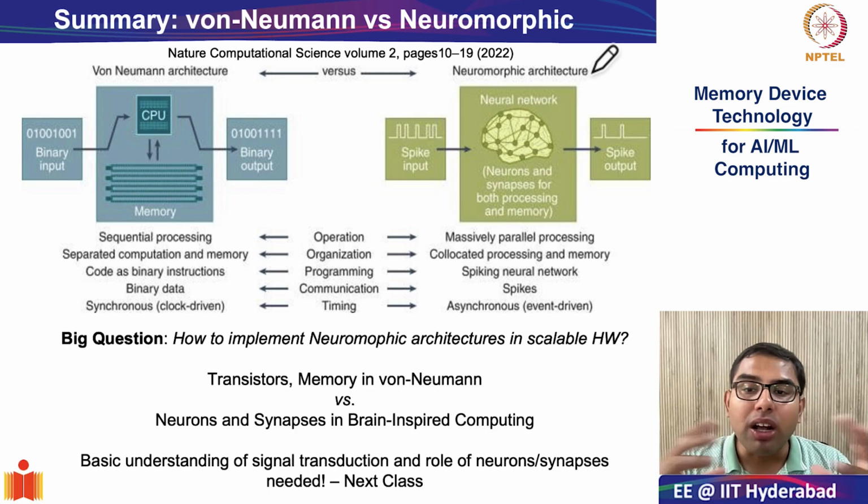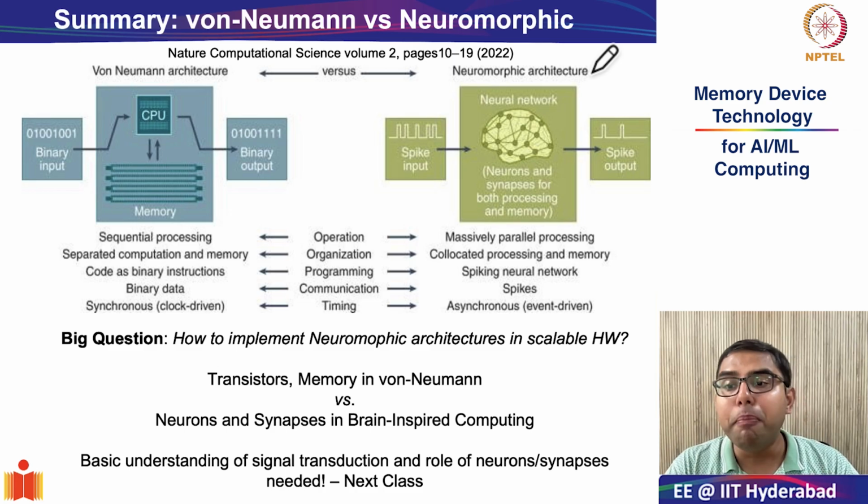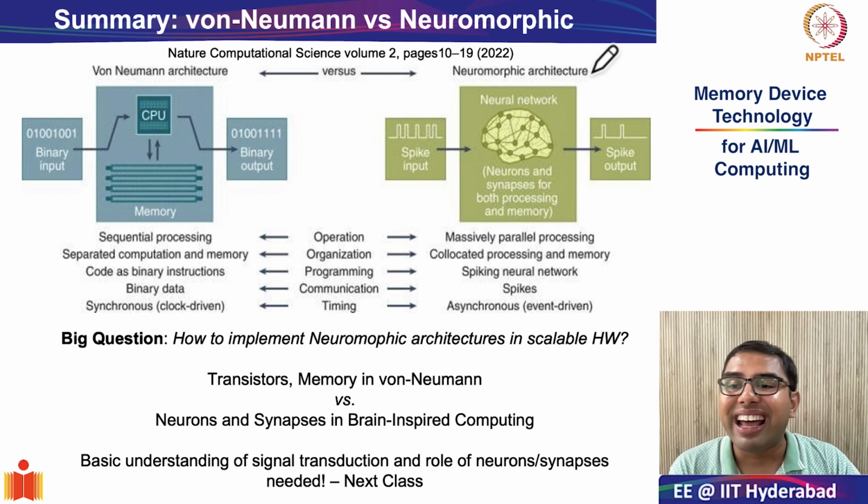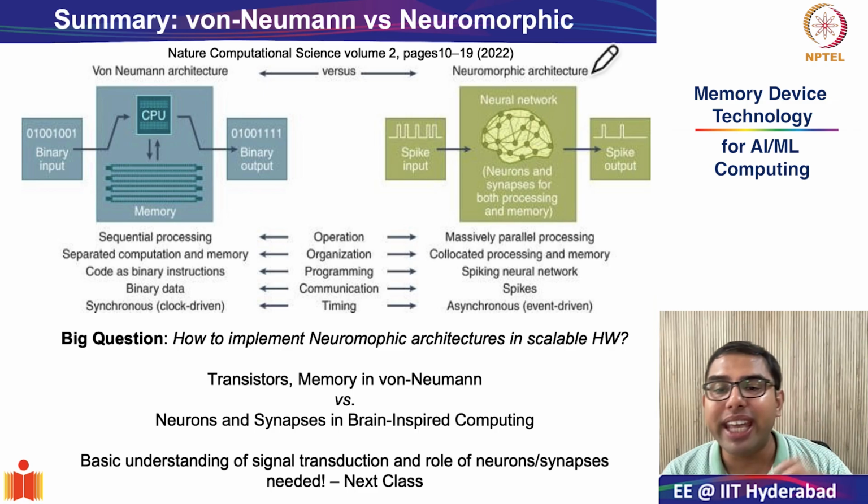However, the big question still remains going forward. How do we implement such neuromorphic architectures in scalable hardware? While the brain uses neurons and synapses, traditional von Neumann computing relies on transistors and memory elements.